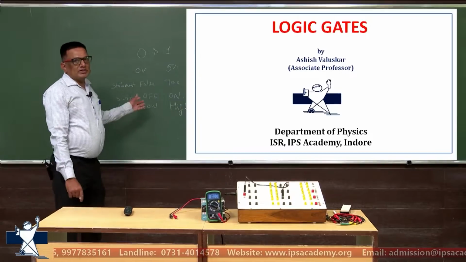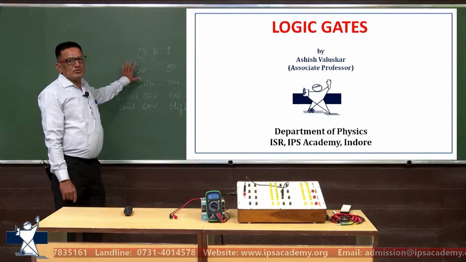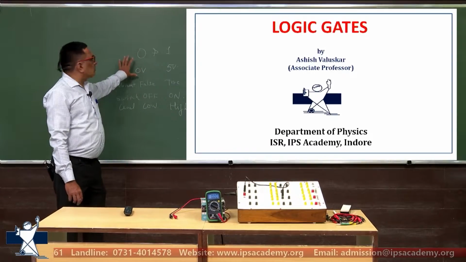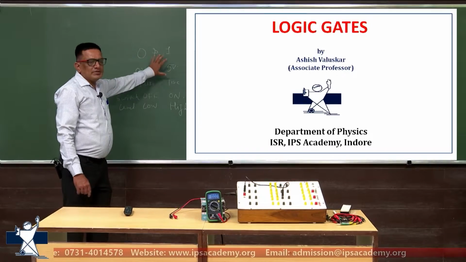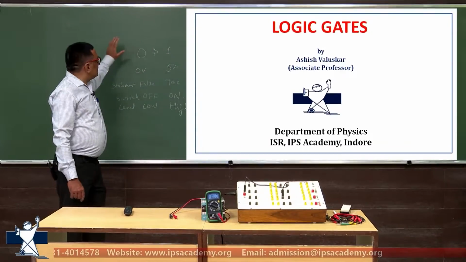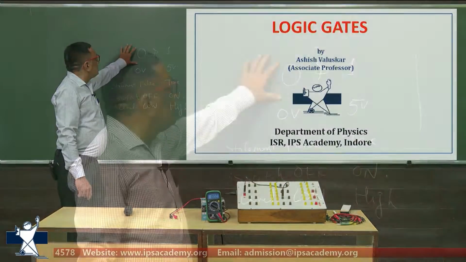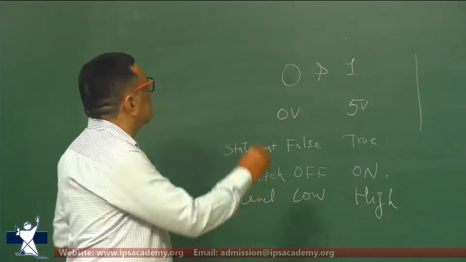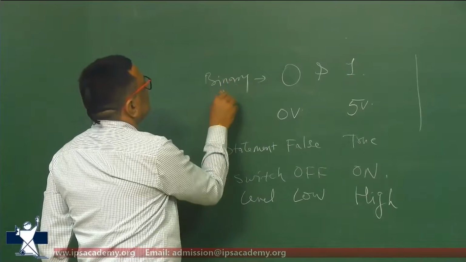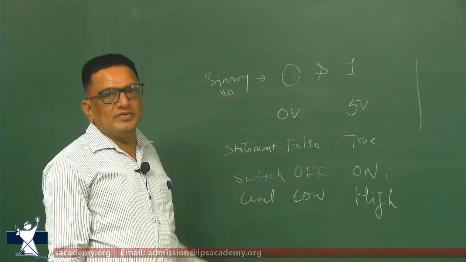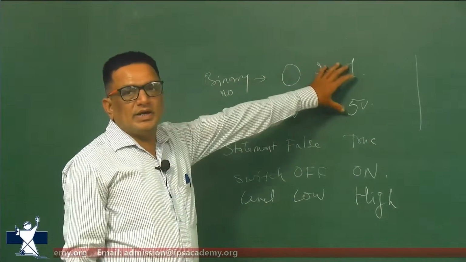All our practicals are based on these levels. 0 volt is a low voltage, 5 volt is a high voltage, and the two numbers we use are called binary numbers, 0 and 1. 0 means low, 1 means high.